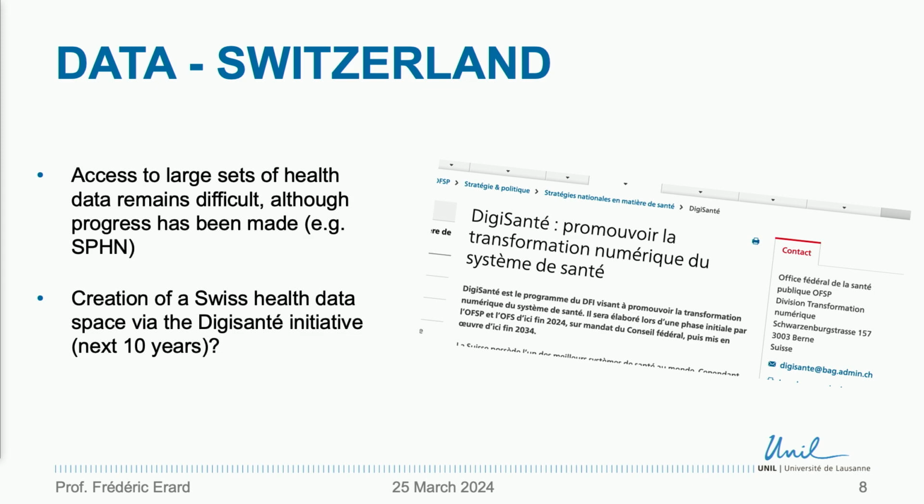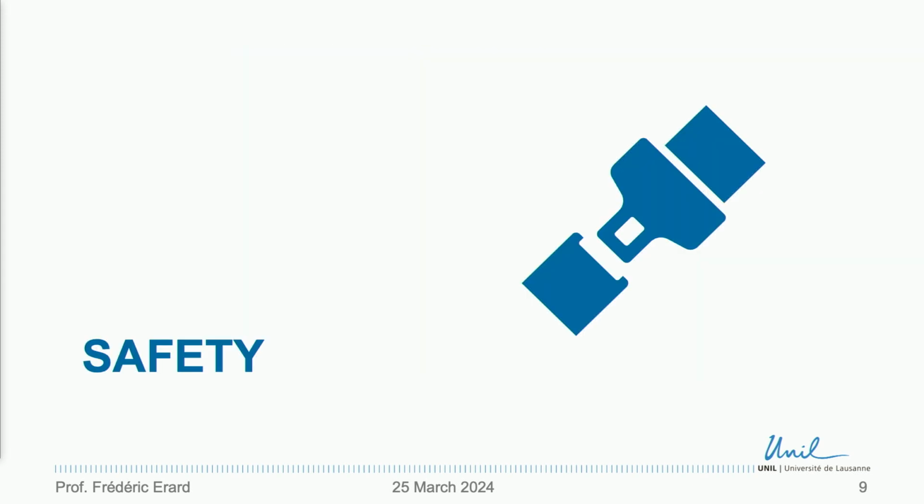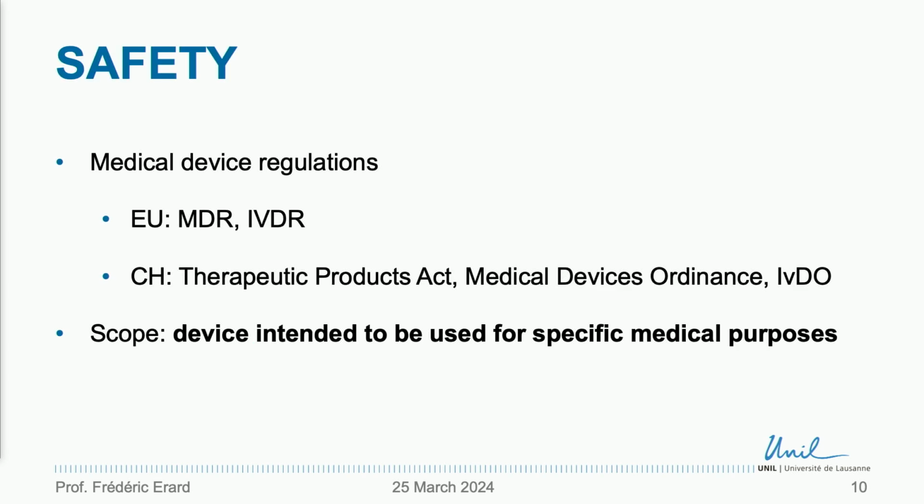I hope so. Now, if we talk about safety, you want to develop an AI tool. Of course, there is a lot of regulation, you probably know that. If we just focus on Europe here, you have the medical device regulation. There's also one for in vitro devices. In Switzerland, we have similar regulation, the Therapeutic Products Act, and especially a medical device ordinance.